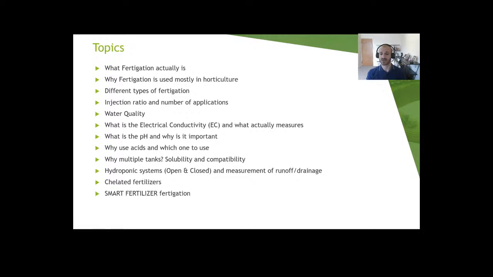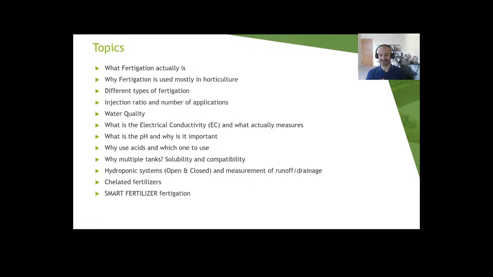According to the different types of fertigation, we'll talk about different concepts. So what is an injection ratio and what is the number of applications. And after, we will talk about fertigation in general in terms of settings, systems and equipment. We'll get a bit more into the details, and we'll talk about agronomy and a bit about chemistry as well.